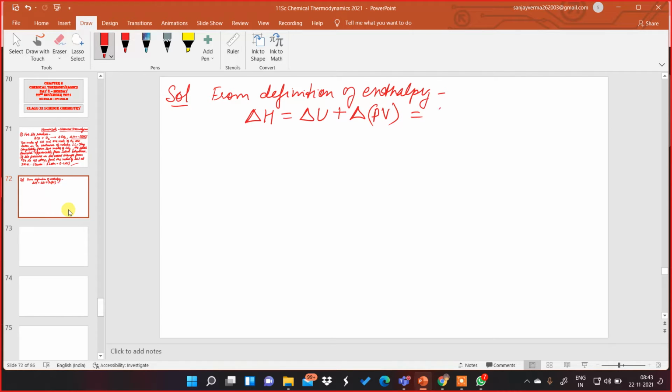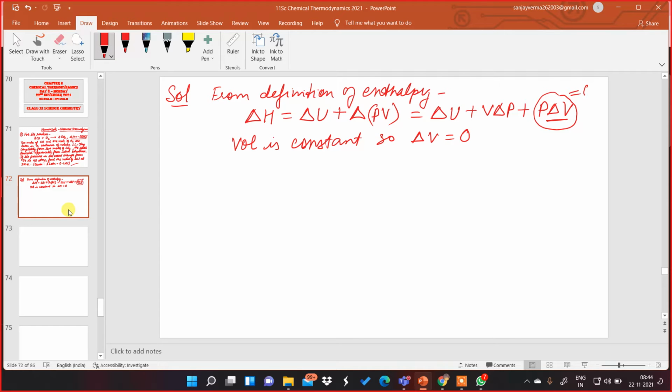Now this can be expanded: delta U plus V delta P plus P delta V. Now here, what is constant? Volume is constant. The volume of the container is kept constant. So delta V is 0. There is no change in volume, so this entire term becomes 0.